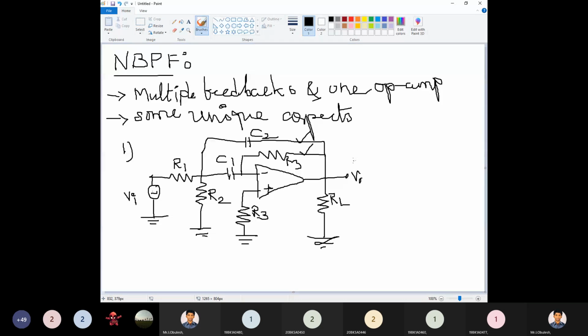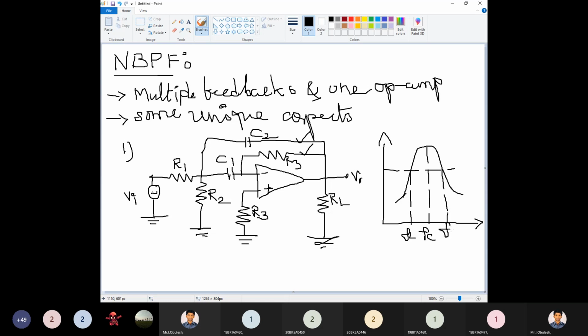And you need to draw the frequency response graph also. This is the cutoff frequency FC. This is the lower cutoff frequency FL, and the higher or upper cutoff frequency FH.